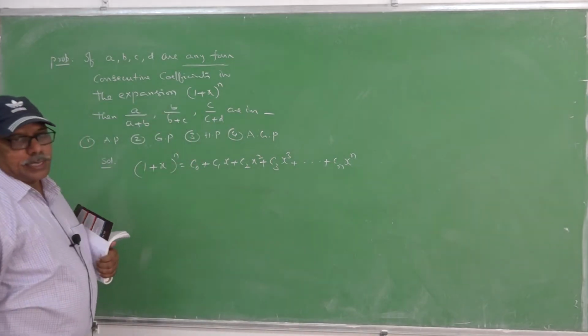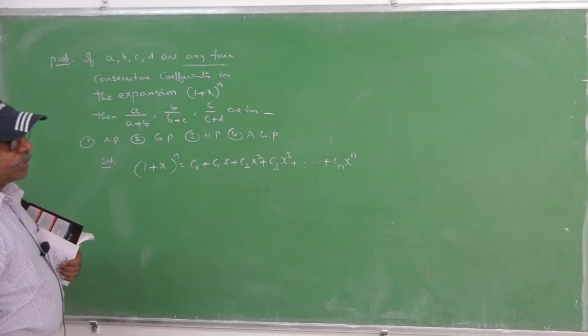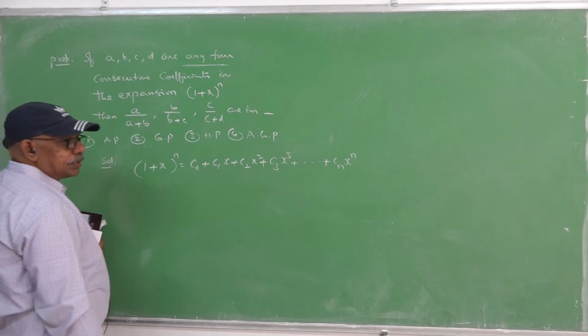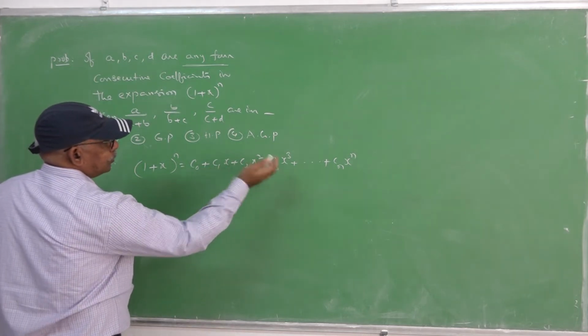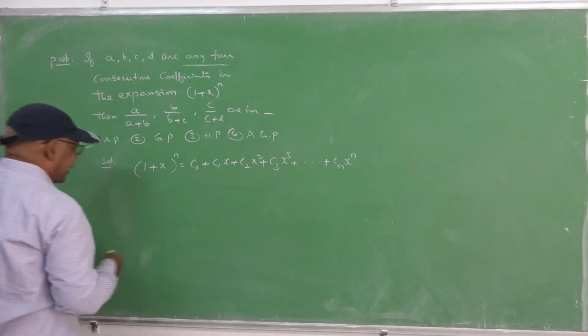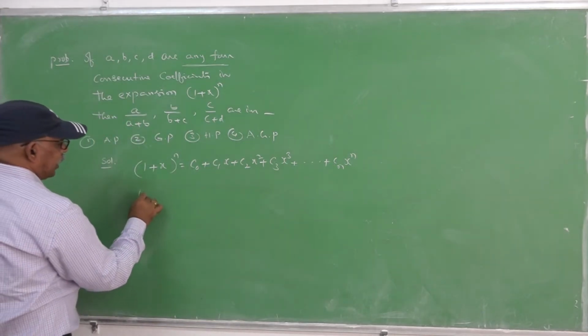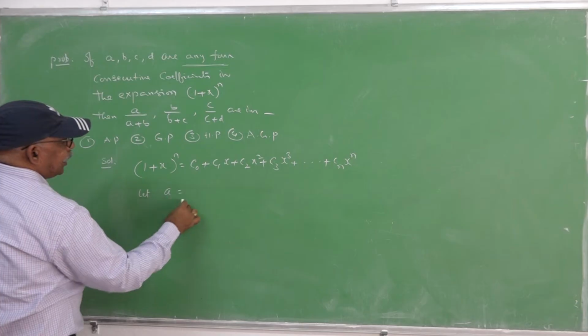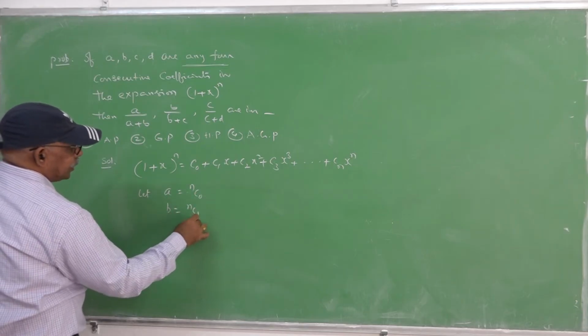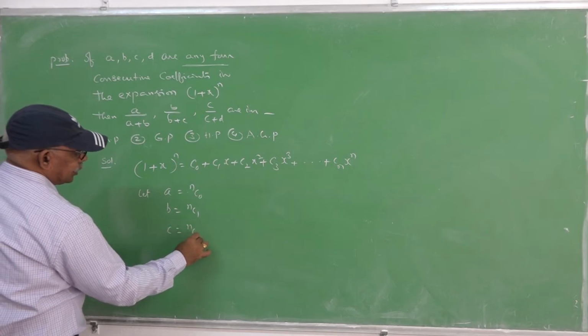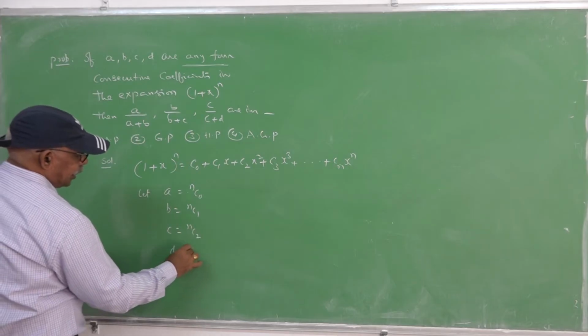This is the binomial expansion of (1 plus x) whole power n. Take any four consecutive coefficients. So let A is nc0, B is nc1, C is nc2, D is nc3.